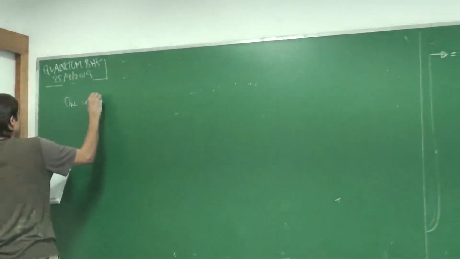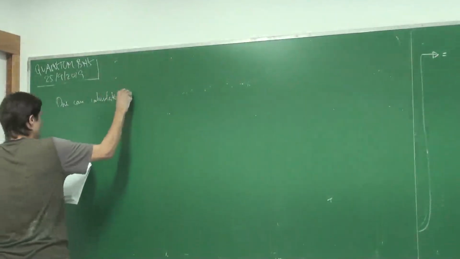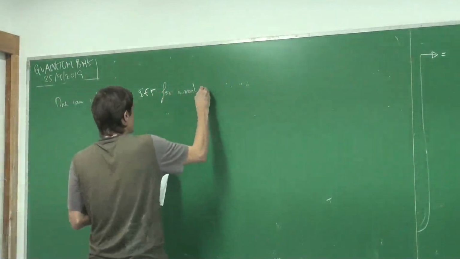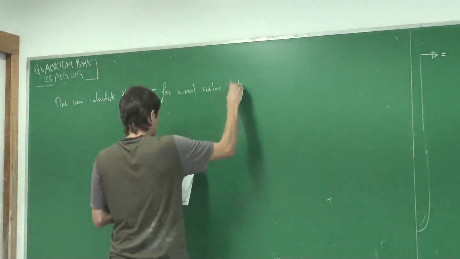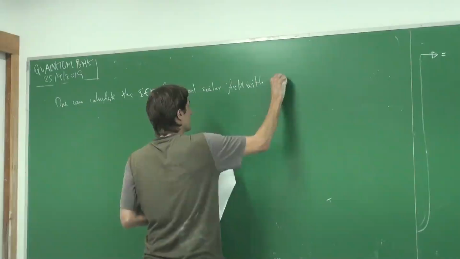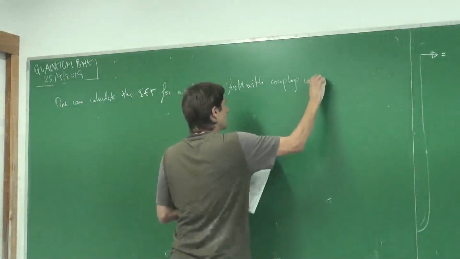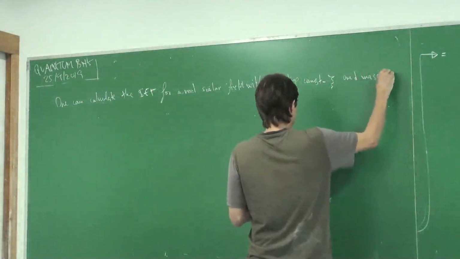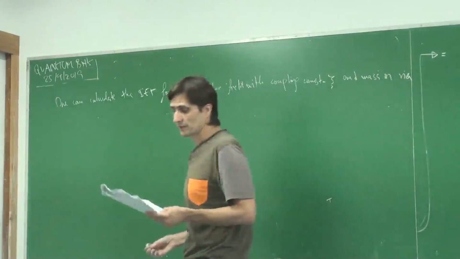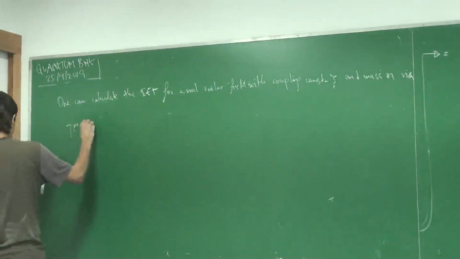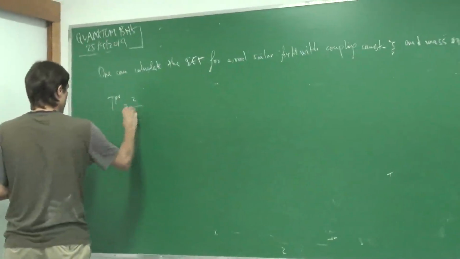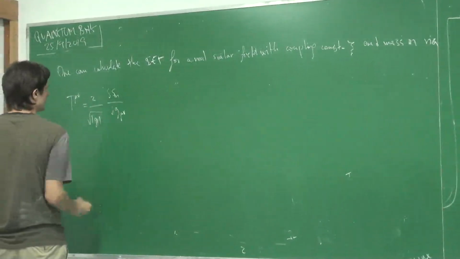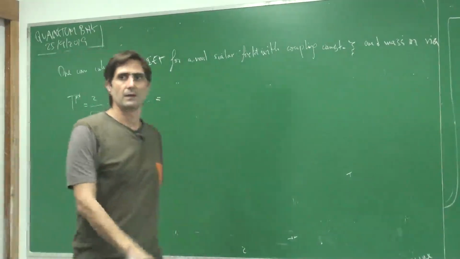So one can calculate the stress energy tensor for a real scalar field with coupling constant xi and mass m via the definition of the stress energy tensor that we gave. And that's a mess.